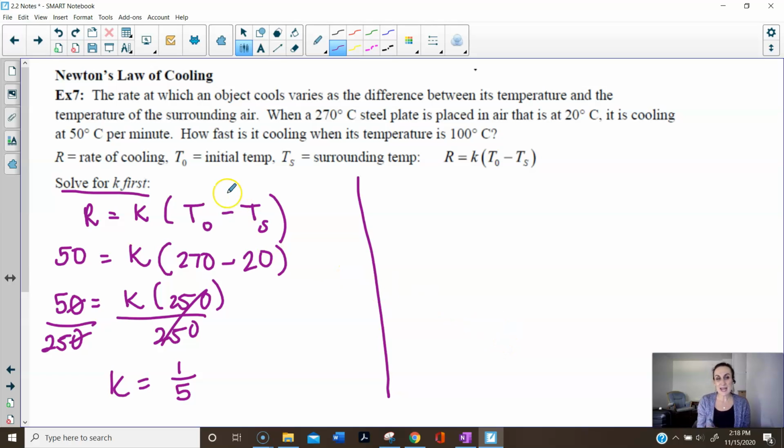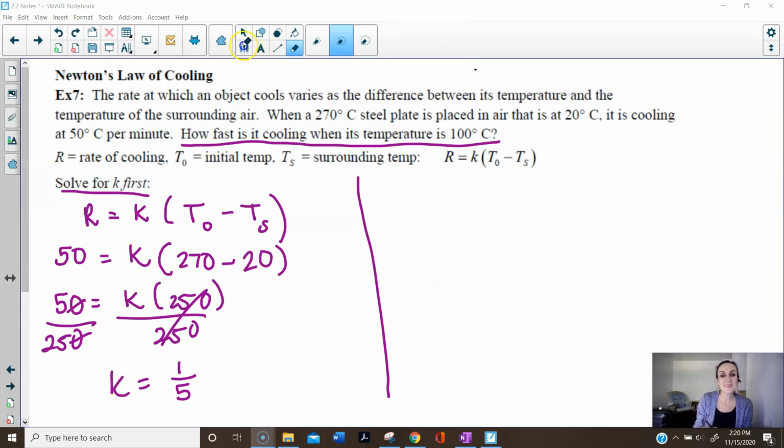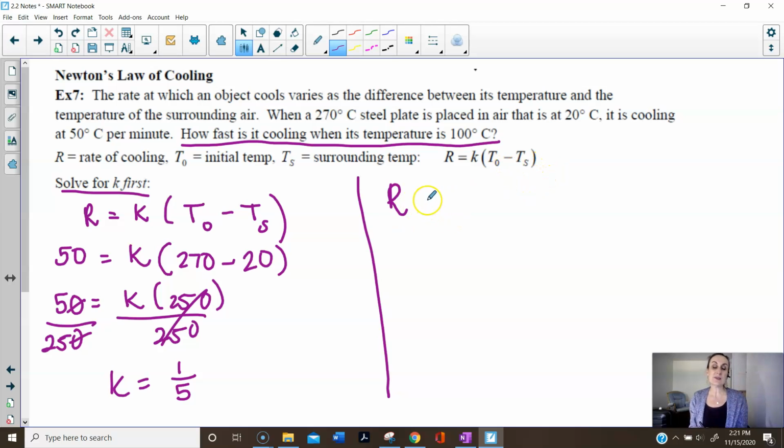Now we're going to go up and actually answer the question. The question is, how fast is it cooling when the temperature is 100 degrees Celsius? So we're going to take the equation R equals K times (T sub O minus T sub S). R is the rate of cooling, that's what we're looking for. That equals, the constant is 1/5, times the initial temperature, which is now going to be 100, subtract the room, which is still 20 degrees Celsius.